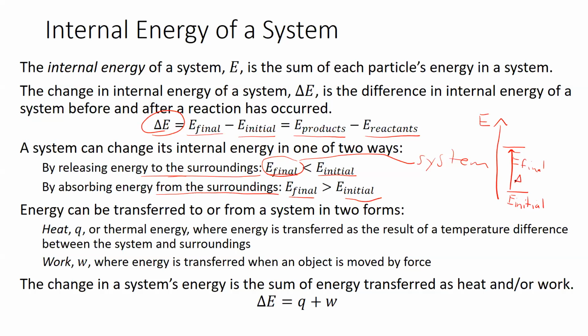So that delta E will be positive, greater than 0. This is one way that directionally the internal energy of a system can change, okay?